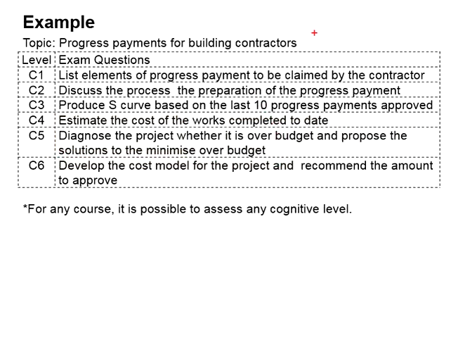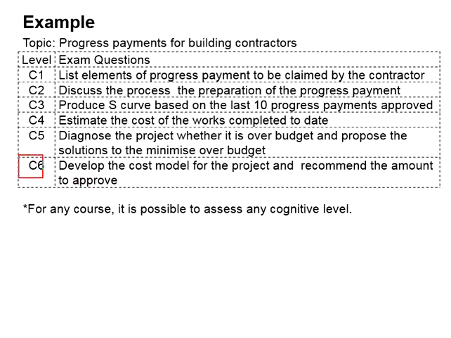If you're only asking the students to diagnose whether the project is over budget, that would be C4. What makes it C5? It will be the solutions that you ask the students to propose in order to control the budget. Different students may come up with different solutions, specifically meant to solve the problem.